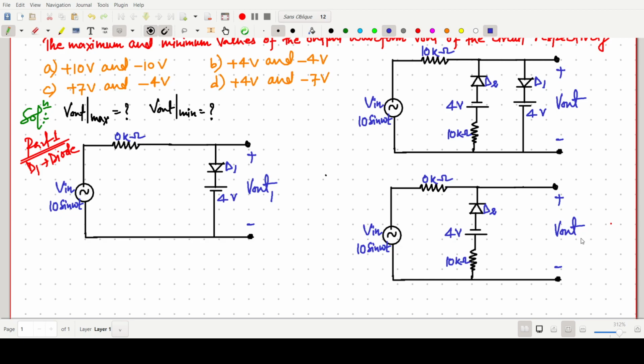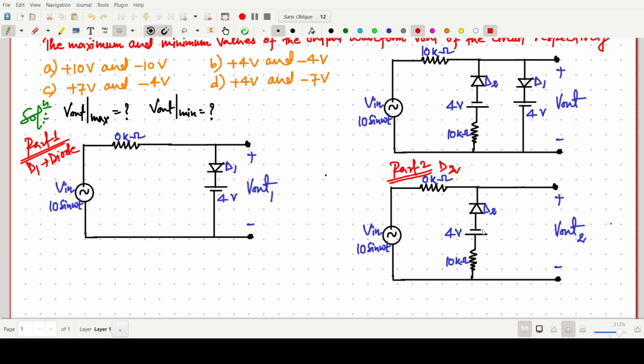This is the technique. If two or three diodes are there, we have to make it individual, then try to find V output 1 and V output 2. This one we are saying is part 2, with diode D2.